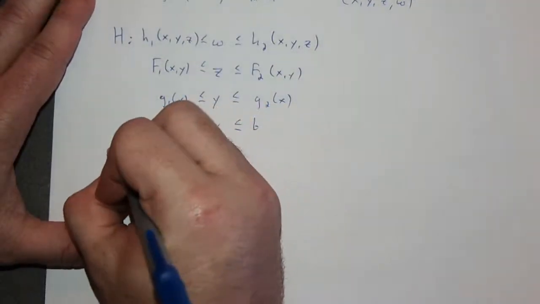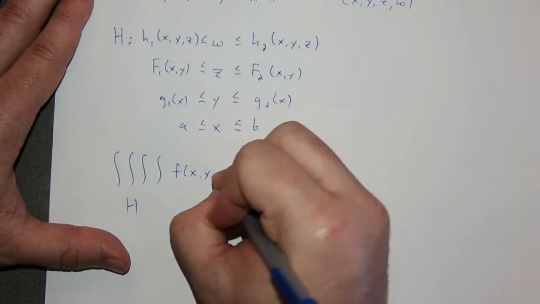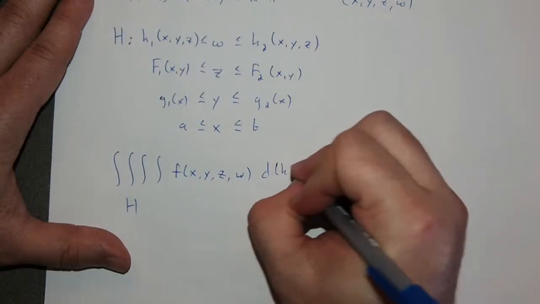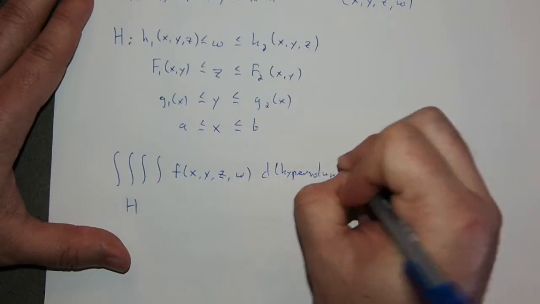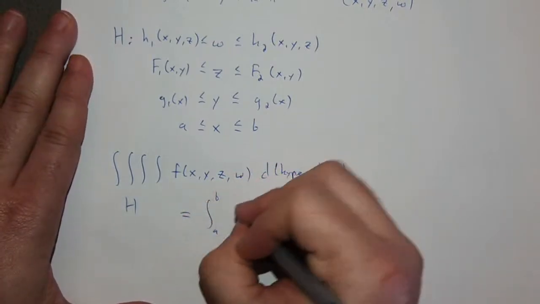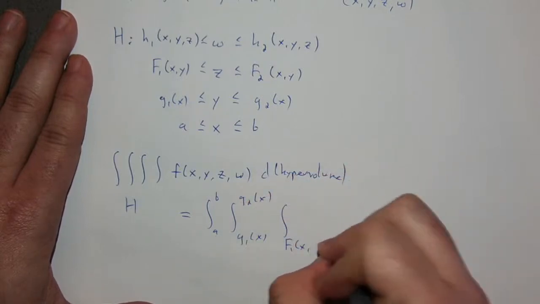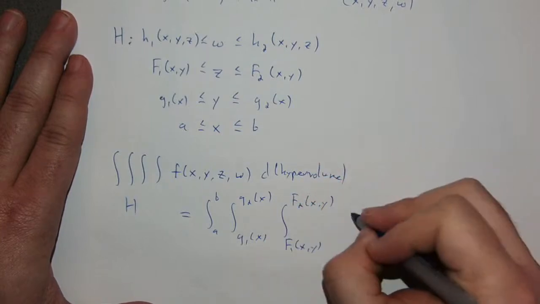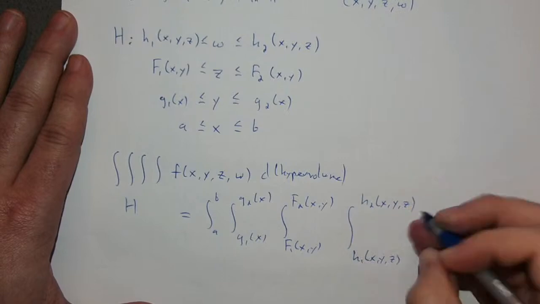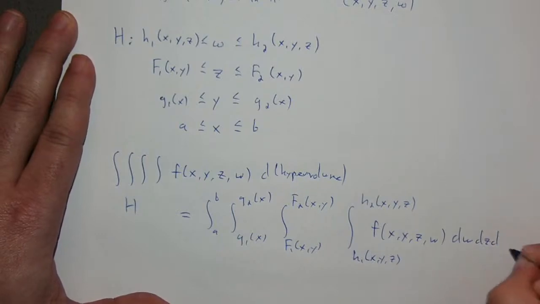So if I wanted to define the quadruple integral over H of some function f of x, y, z, w d hypervolume, then this would be the integral from a to b, the integral from g sub 1 of x to g sub 2 of x, the integral from big F sub 1 of x, y to big F sub 2 of x, y, the integral from little h sub 1 of x, y, z to little h sub 2 of x, y, z of f of x, y, z, w dw dz dy dx.